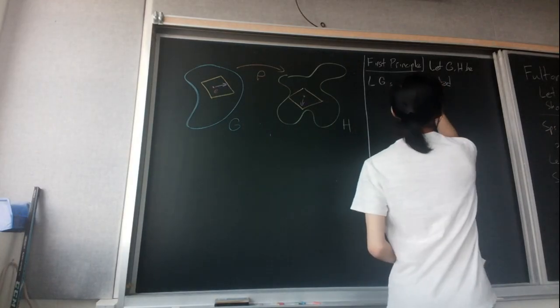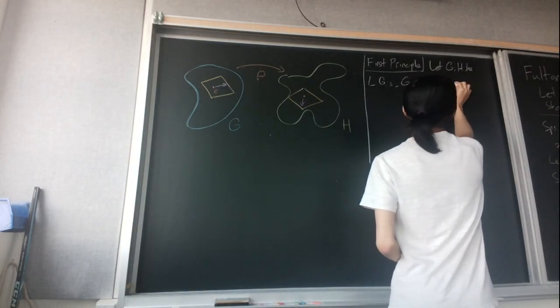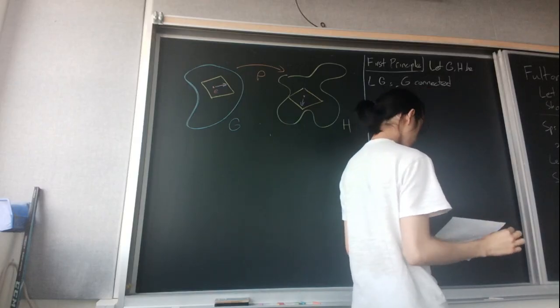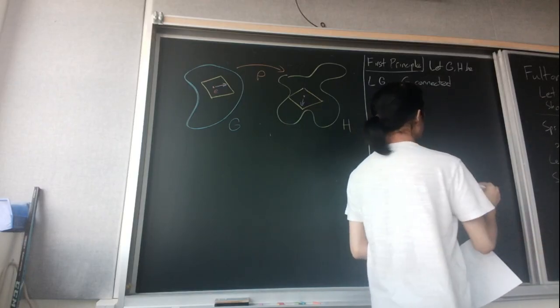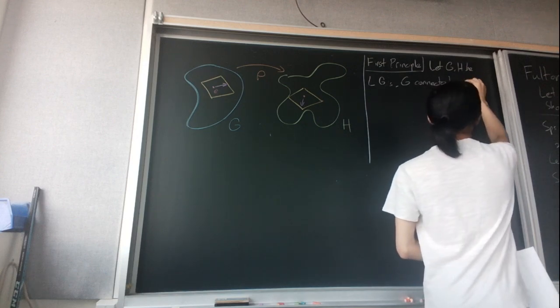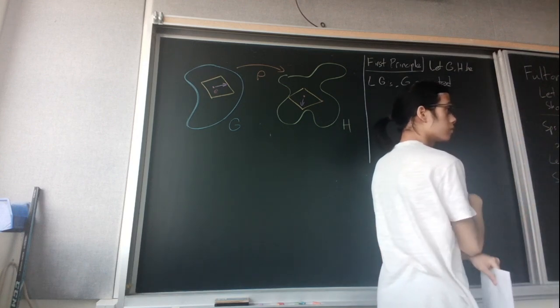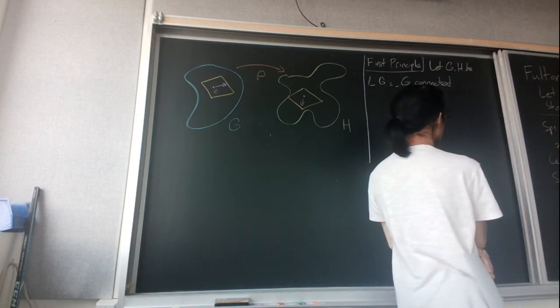So that's the point. You only need G to be connected, because we're trying to describe how rho maps G into H. What H is doing is whatever, as long as it's a Lie group and rho is a Lie group homomorphism.